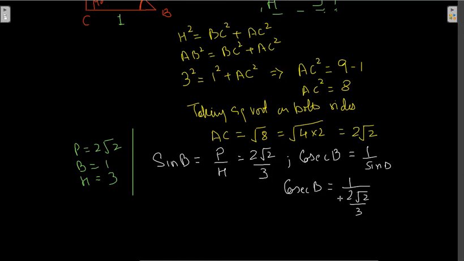Now how do we solve it? What happens is this 3 goes in the numerator, so it becomes 3 over 2 under root 2. Well, it was pretty evident by seeing it here, but again, there's no harm in calculating it.